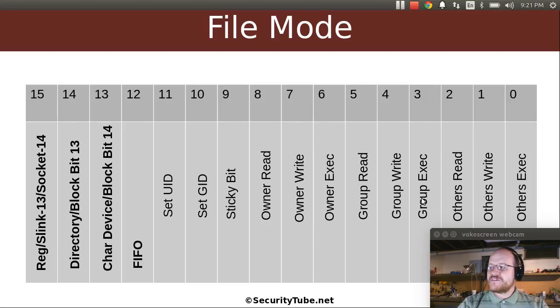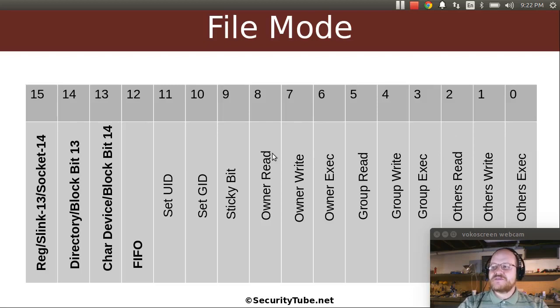And then we have those permissions for our group, followed by those permissions for the owner, a sticky bit, a set group ID, and a set user ID. So these are all things that we can have. Now, all of these can be combined, so we can use whatever combination we want.